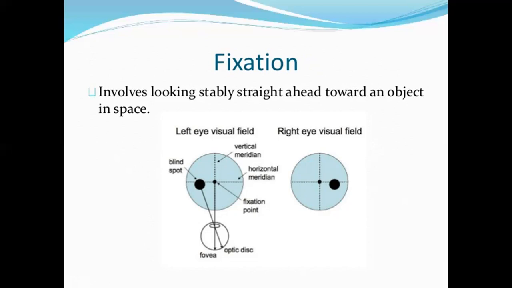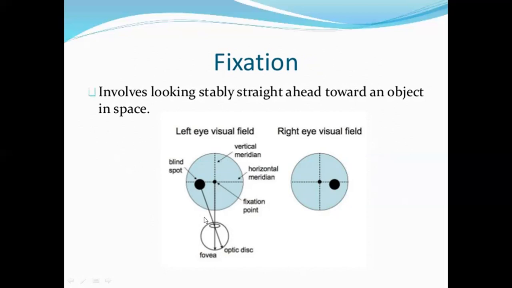So this is the left eye visual field, this is the right eye visual field. In this you will see this is the blind spot, then this is the fixation point. So in this right eye, this is the blind spot. So in this that is the horizontal meridian, this is the vertical meridian, and this is the fixation point.